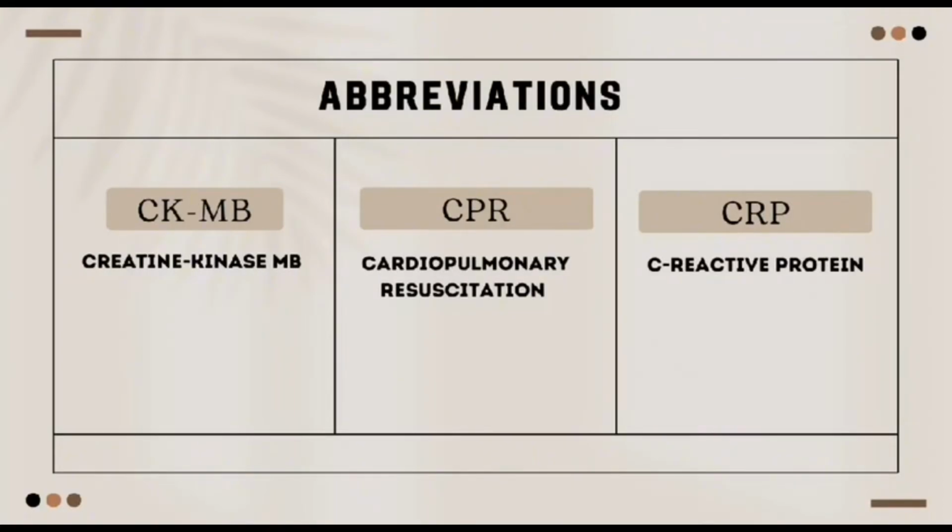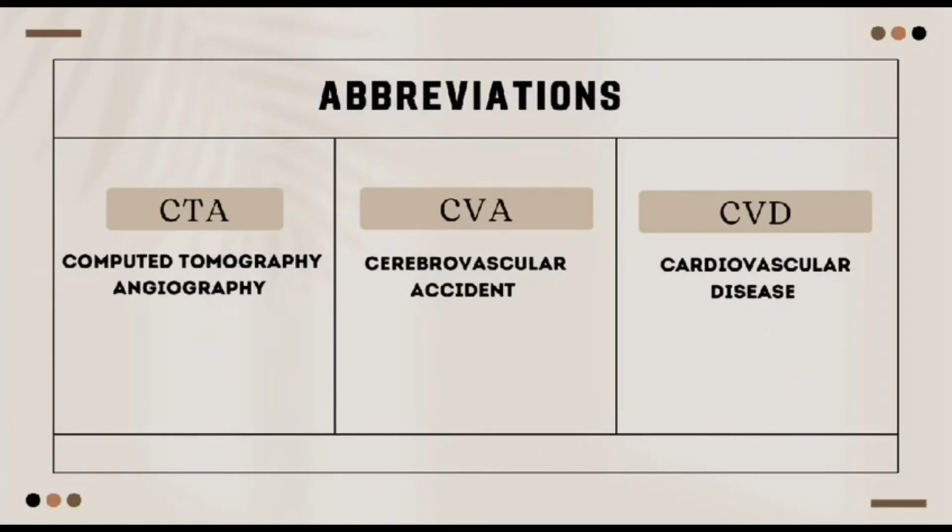CKMB, or creatine kinase MB, also known as creatine phosphokinase or phosphocreatine kinase. CPR, also known as cardiopulmonary resuscitation. CRP, C-reactive protein. CTA, or computed tomography angiography, is the visualization of arteries and veins.